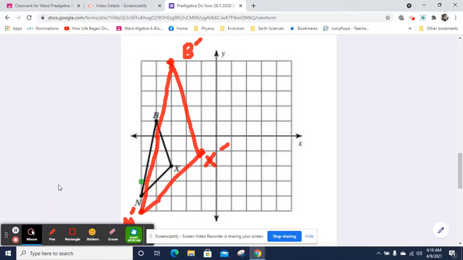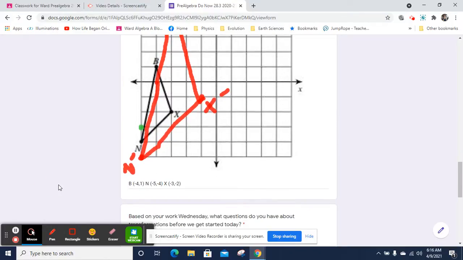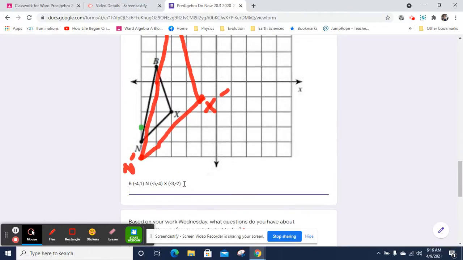So let's go ahead and identify what those points were. So this will be B prime. B prime went over 2 and up 4. Okay, so over 2 from N. So it went up 1 from where it is.